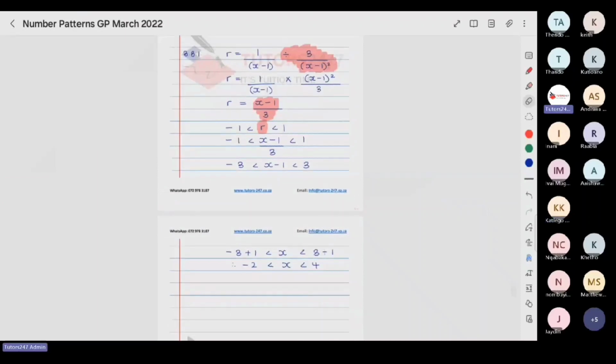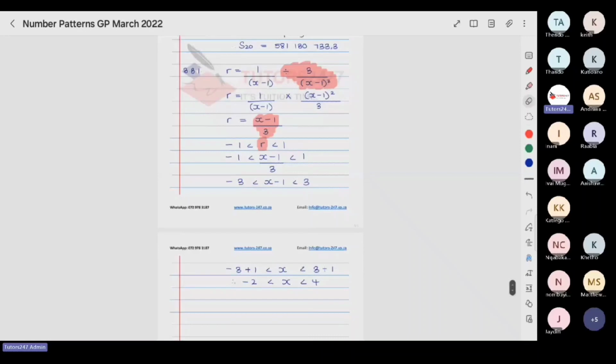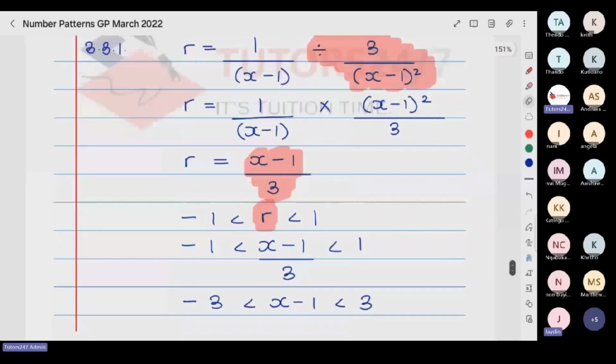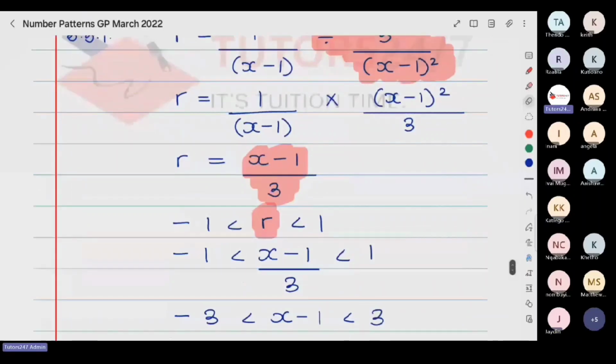But before we move on, does anyone else have any questions? When you are cross multiplying, what happened to the exponents on x minus 1? When I cross multiplied, this 3 went to the right and this 3 went to the left.